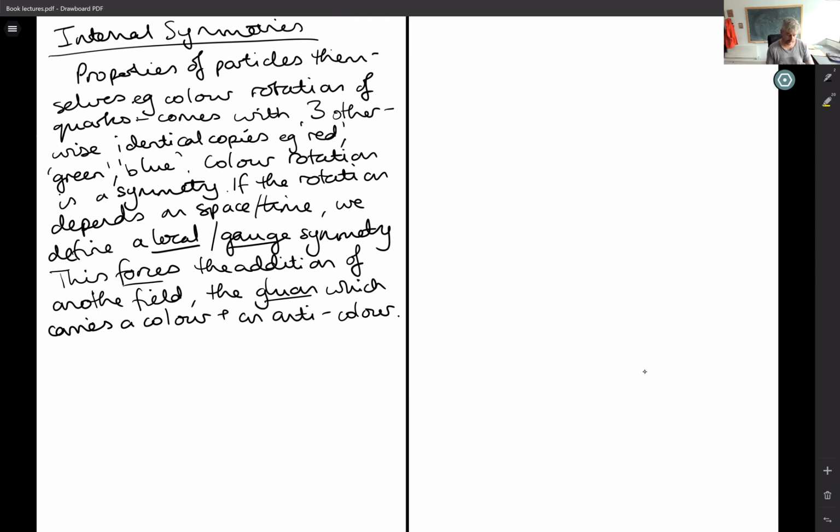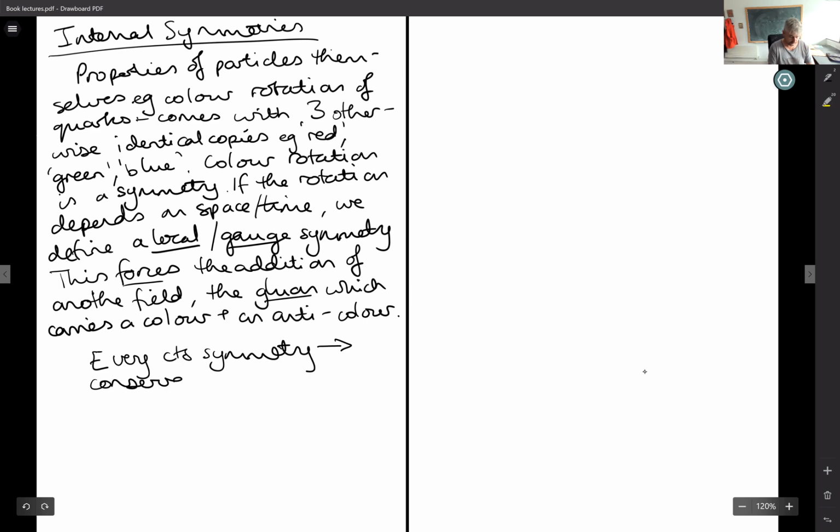Okay, so it turns out that every continuous symmetry that you impose on the theory results in some conserved quantities. And this holds for external symmetries too. Every continuous symmetry leads to conserved quantities.